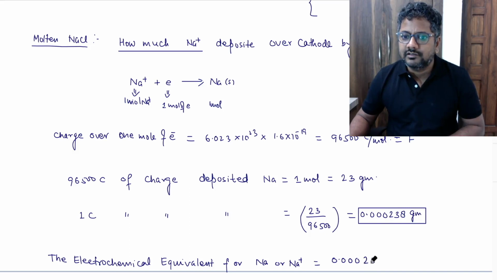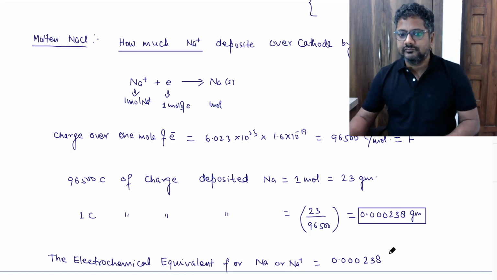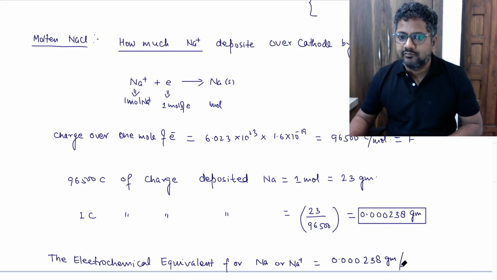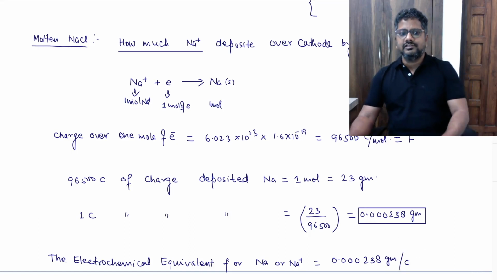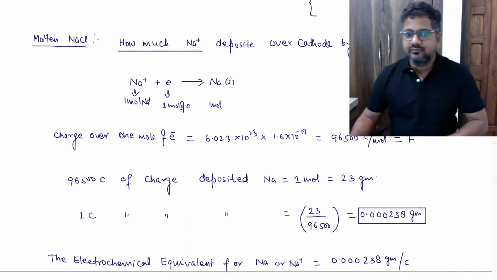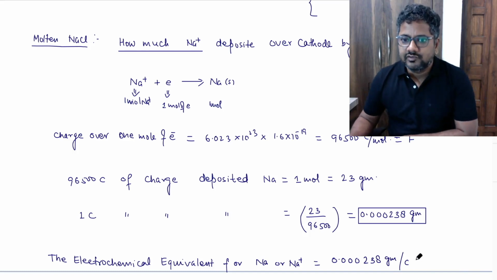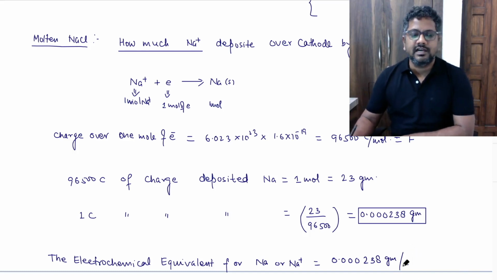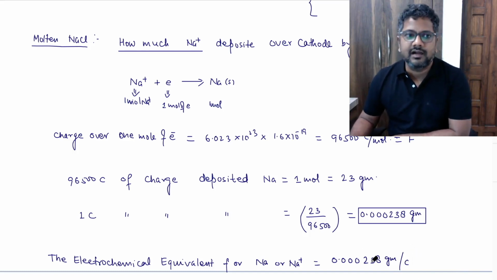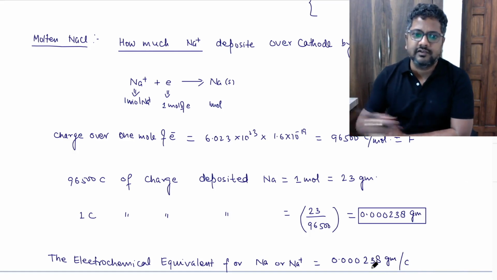The unit is grams per coulomb. So 1 coulomb of charge will deposit this many grams of sodium.